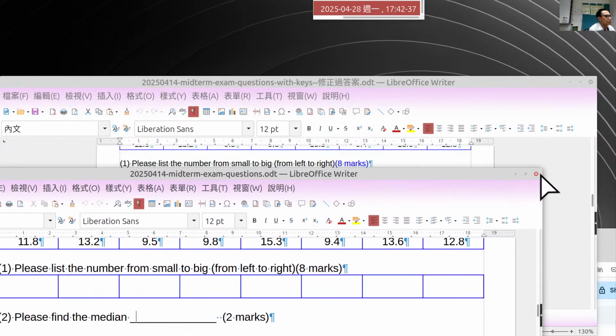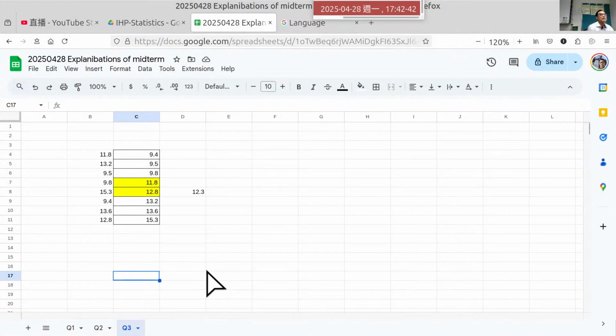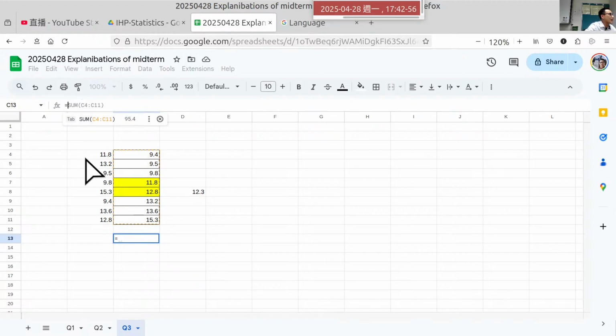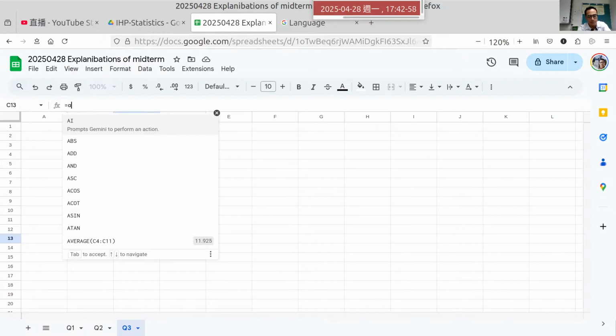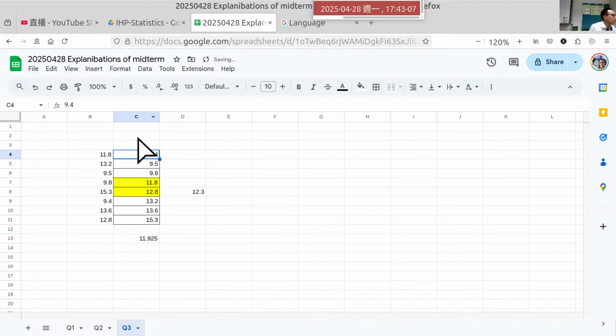And next question, how about the average weight to 3 decimals? Let me tell you how to do that. There are 2 ways to calculate the average. The first one, you can calculate the sum. The second one, you can use the Excel function. I prefer to use it: click equal, average, from C4 to C11.